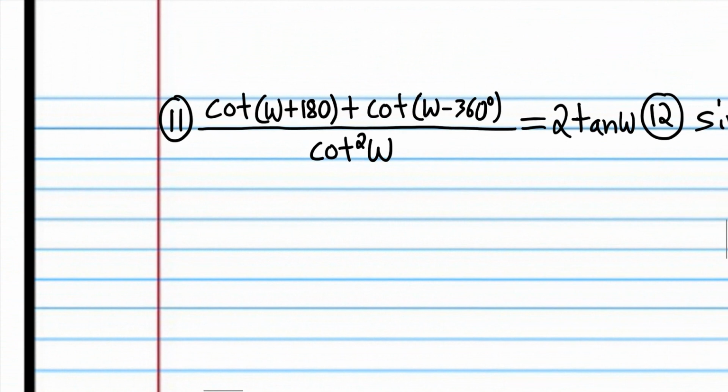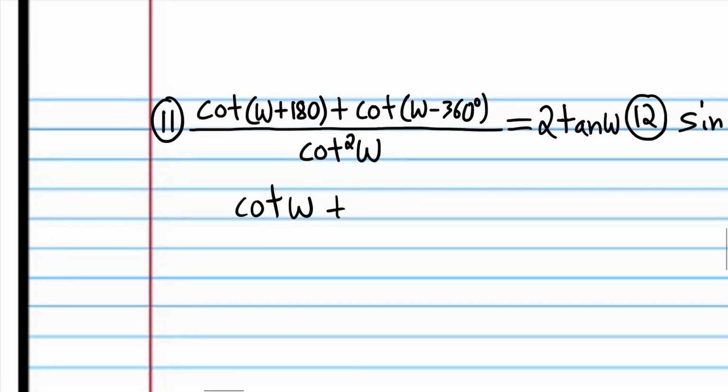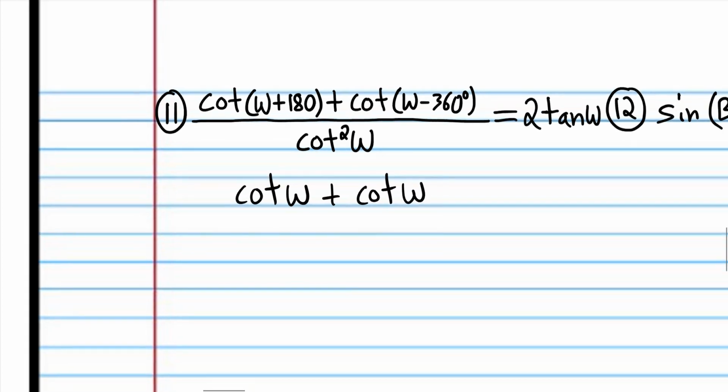Okay, so now we have cotangent omega plus 180. Remember, cotangent doesn't really change when you add 180 to the angle. And no function really changes when you add or subtract 360 to the angle. So that just stays cotangent omega.